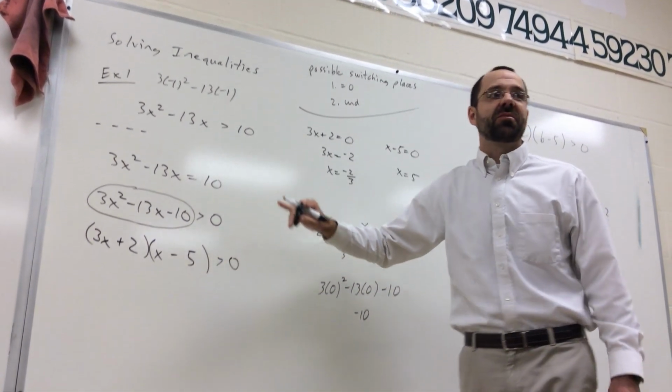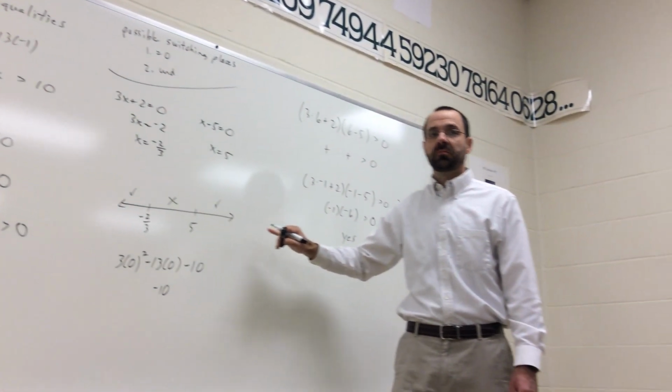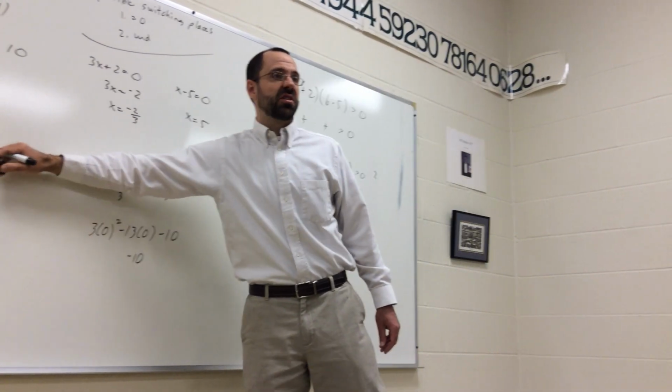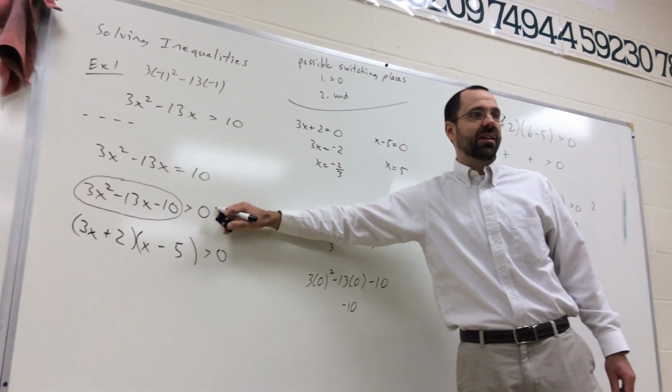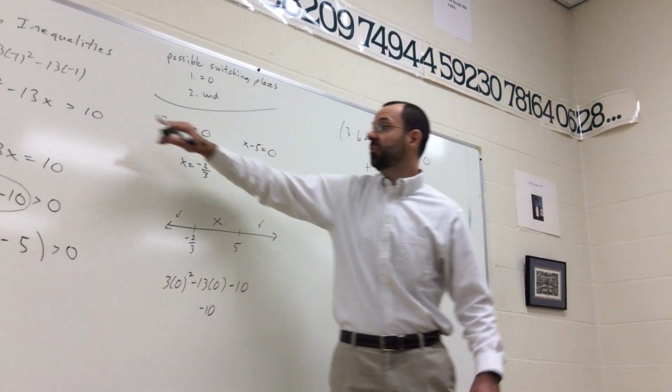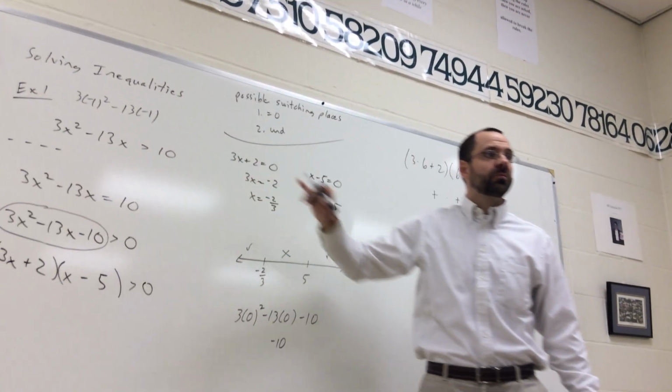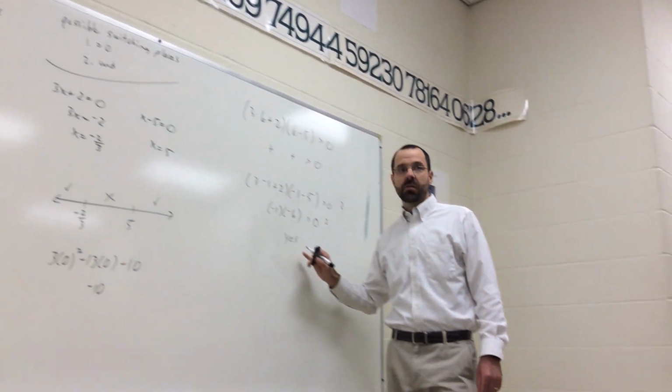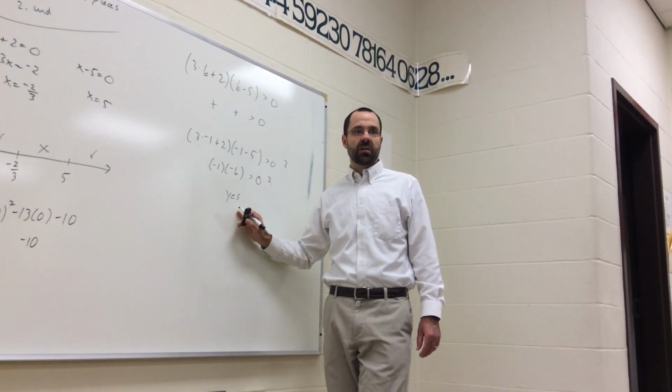Yeah. Good, I got you. Good. I like to use this one, though, because it's easier for me to compare to 0 than 10. But it's the same thing. You could go back up here if you wanted to. Good. Is everybody else okay?